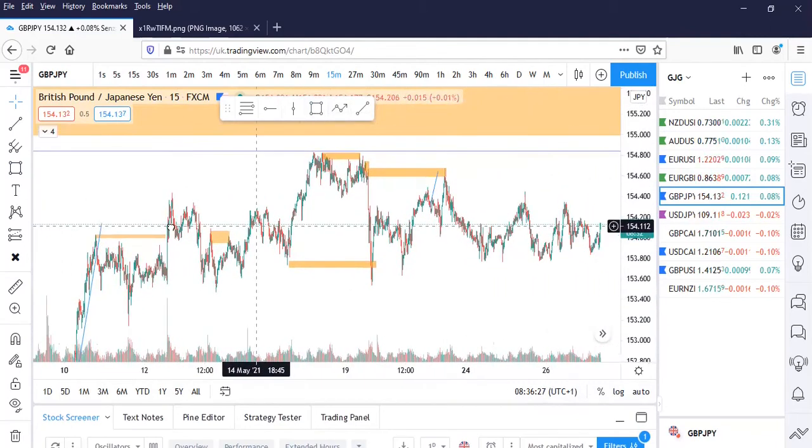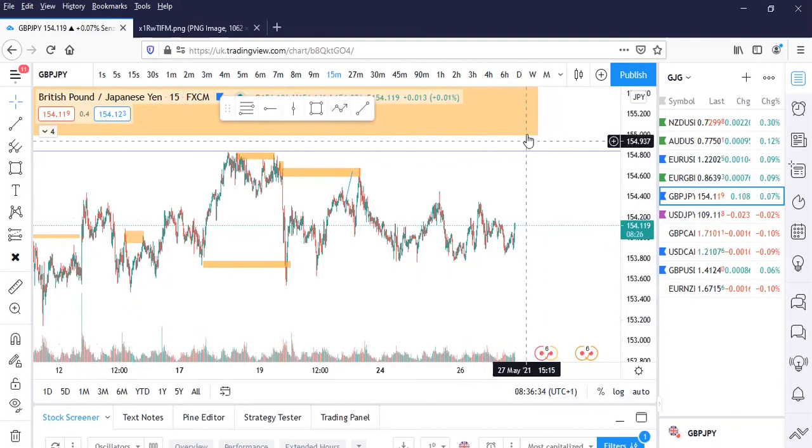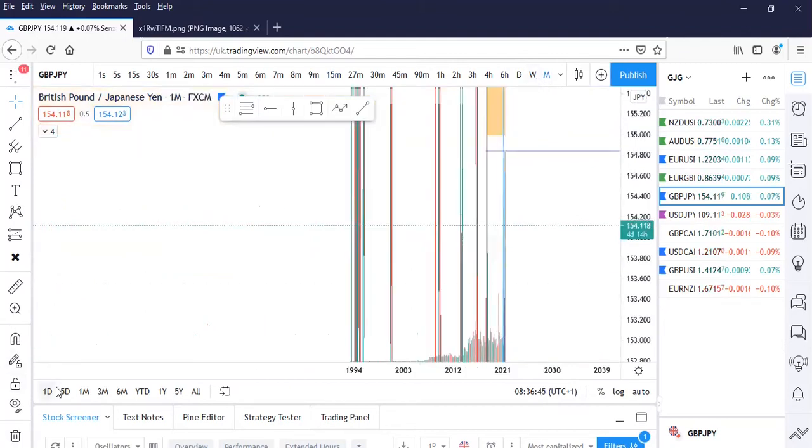Because if this market, today is probably the 27th, starts going up and clears this high, then it means it has only 2 days to drop down so that we can see a week.